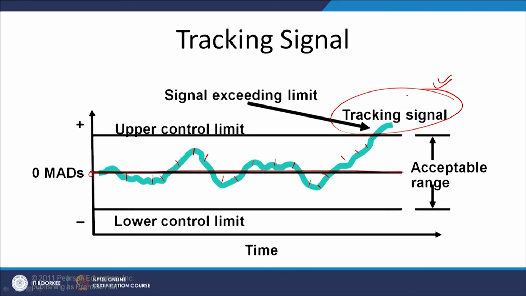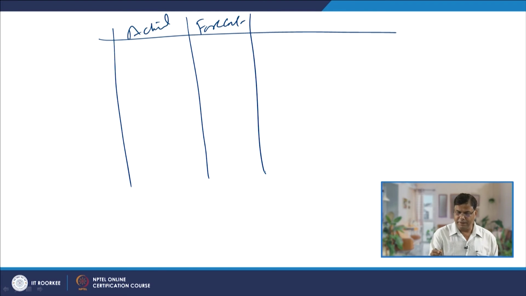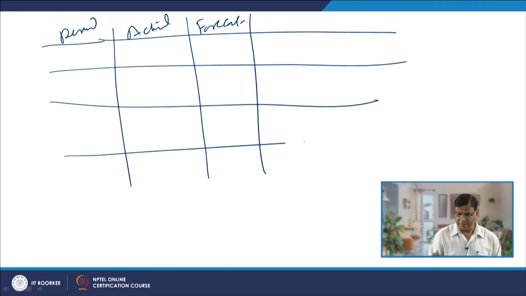So, how to calculate the tracking signals? Let us say a very simple example: the actual demand, the forecast demand, and the period. We have 3 data points, period 1, 2 and 3.